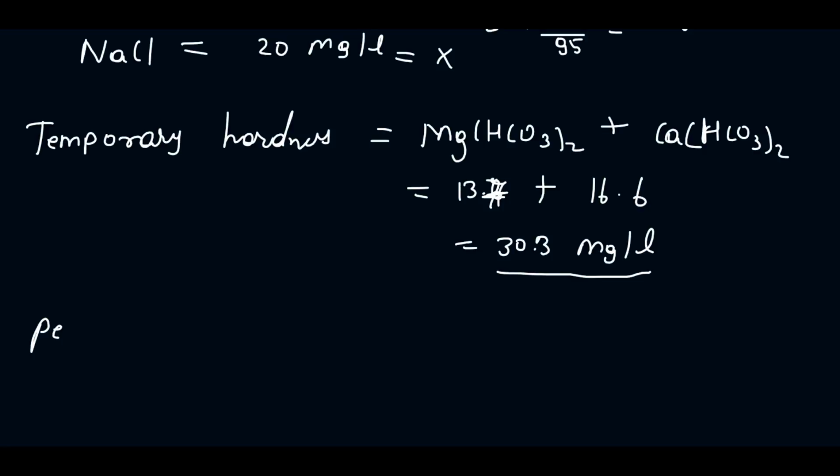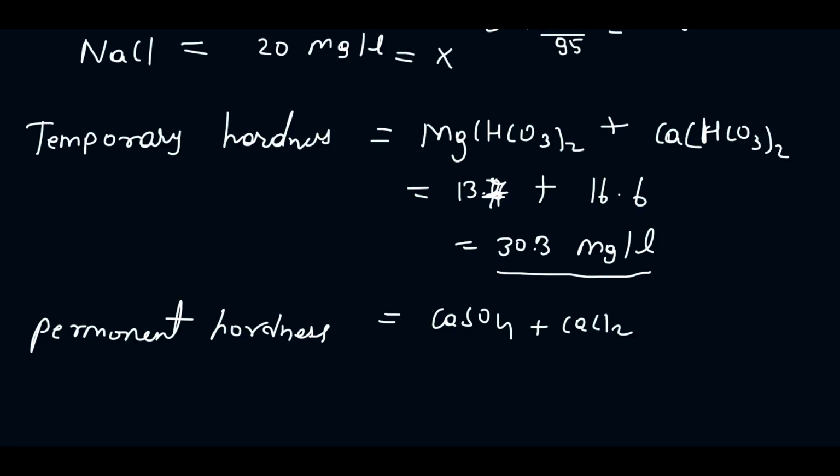Then what about permanent hardness? Permanent hardness present above is CaSO4, another is CaCl2, another is MgCl2.